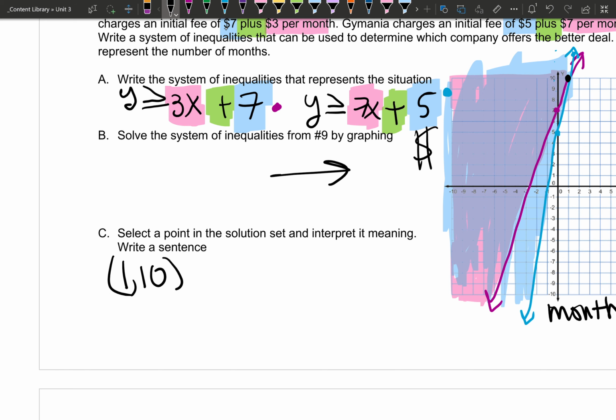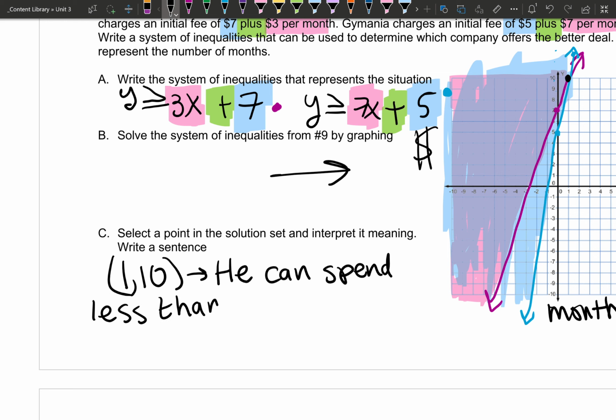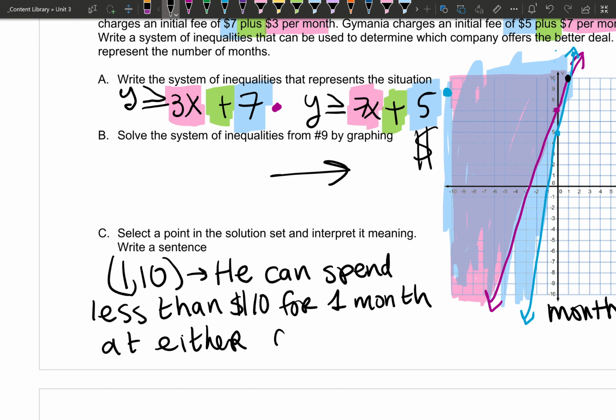and let's explain it. Because they're an equality, this means he can spend less than $10 for 1 month at either gym.